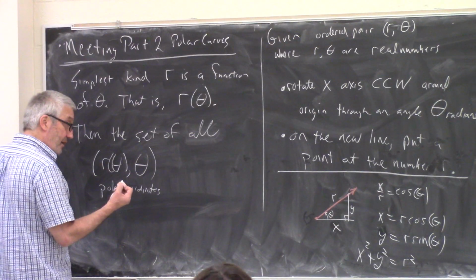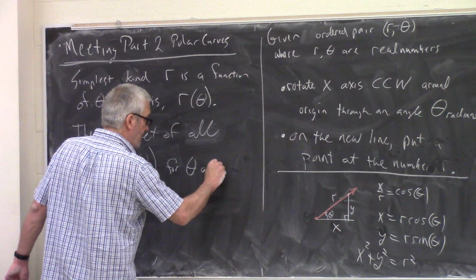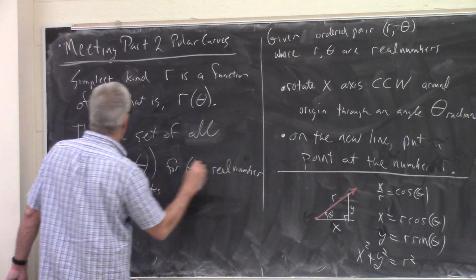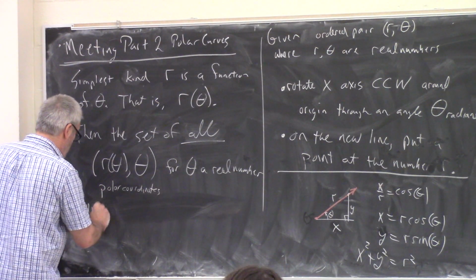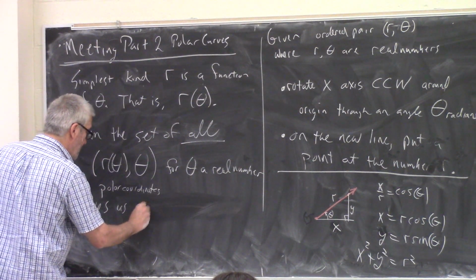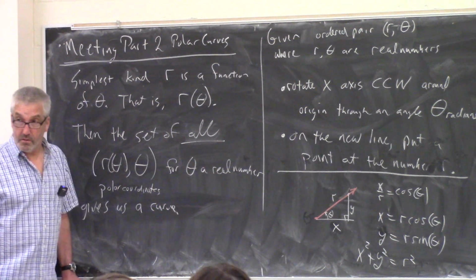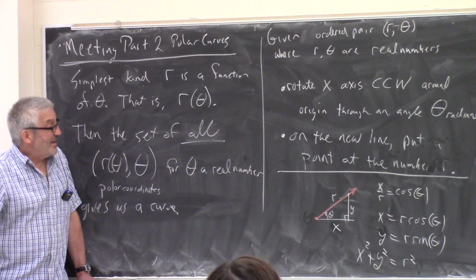For theta in the real numbers. So the set of all of those gives us a curve. So the domain is the set of all numbers theta. And again, it'd be a lot nicer to just use t for time.